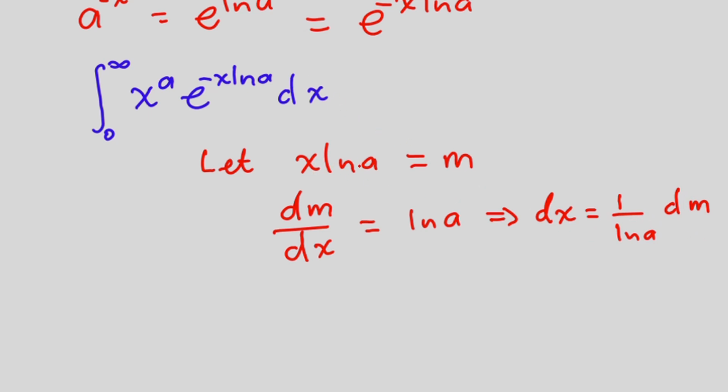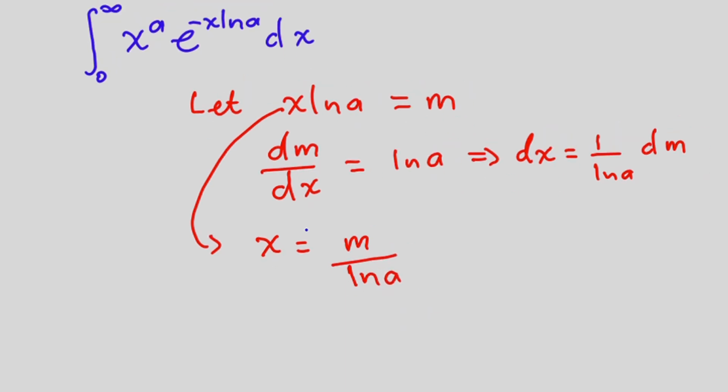Now let's make x the subject from this equation. From this equation, x is equal to m divided by ln of a. Now that we know x, let's go ahead and change the limits.